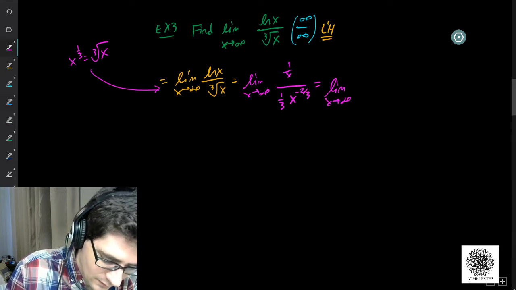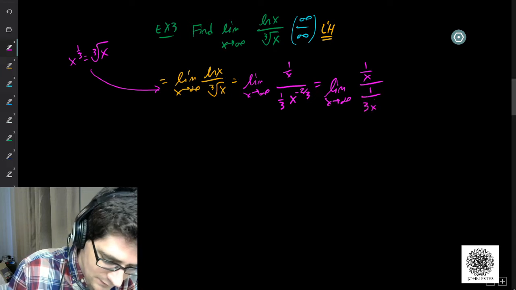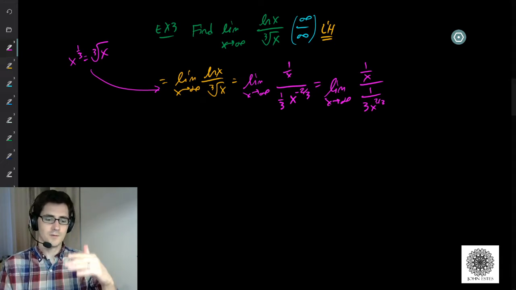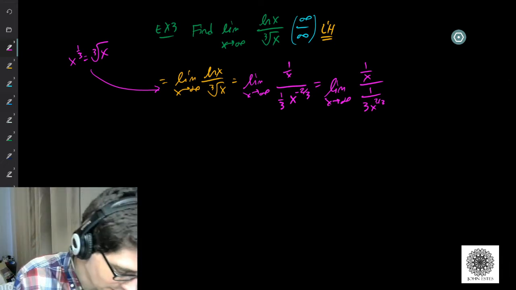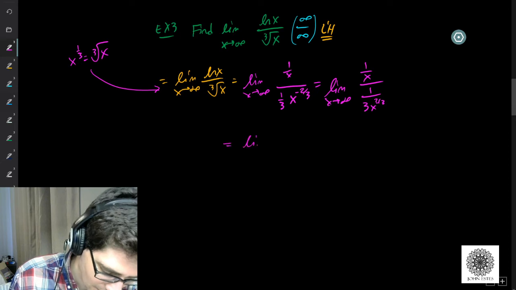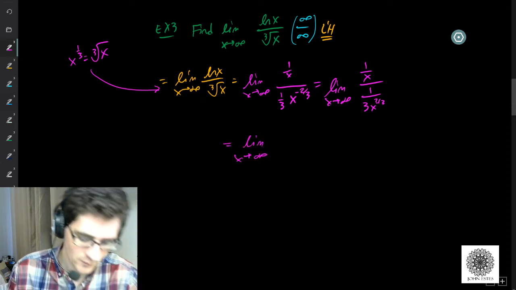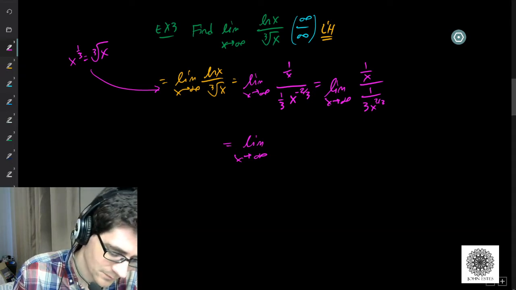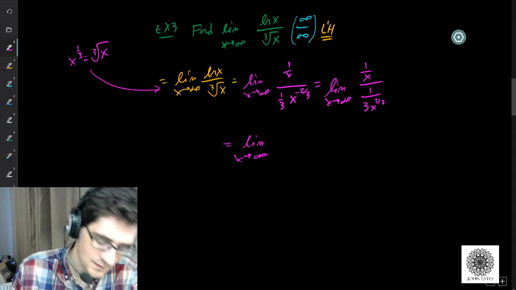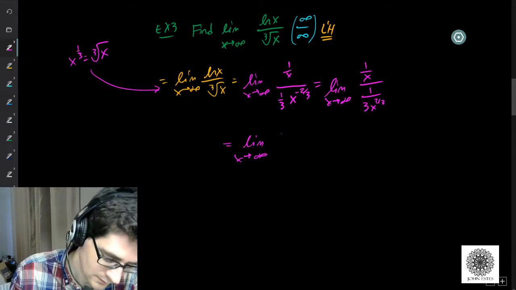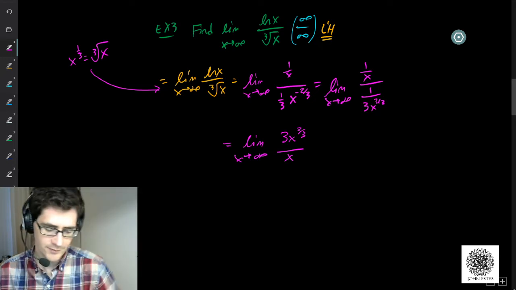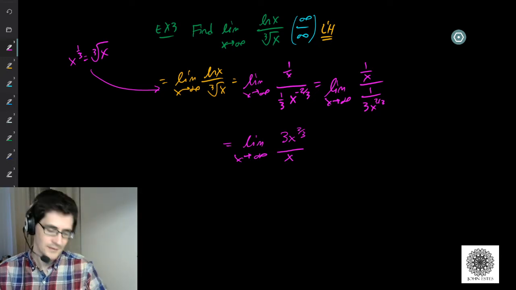This is 1 over x, and in the denominator we have 1 over 3 x to the 2/3 power, because the negative means reciprocal. Dividing by a fraction is the same as multiplying by its reciprocal. This is the same thing as 1 over x times 3x to the 2/3 power, leaving me with 3x to the 2/3 power over x.